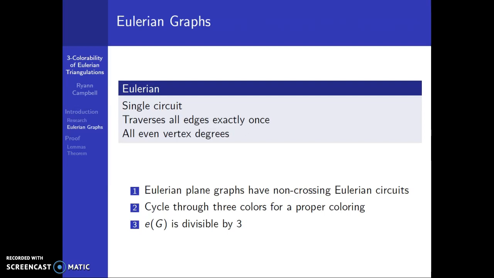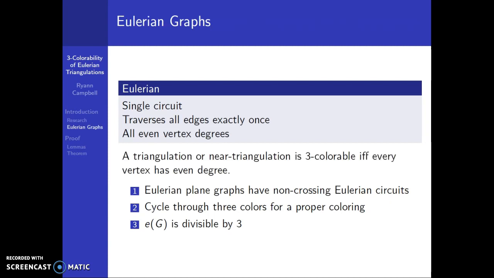As we discussed on the previous slide, triangulations and near-triangulations are three-colorable if and only if every vertex has even degree. We can now rephrase that to be triangulations and near-triangulations are three-colorable if and only if the graph is Eulerian, because all graphs where all vertices have even degree are considered Eulerian.